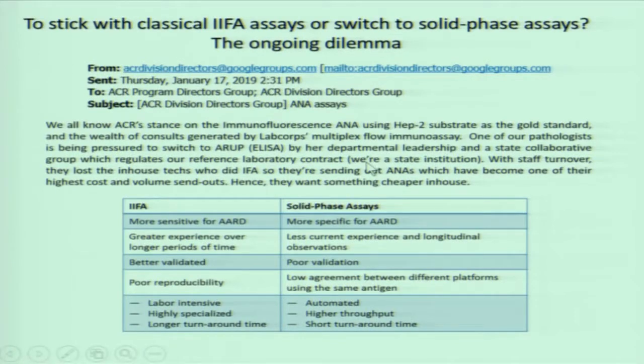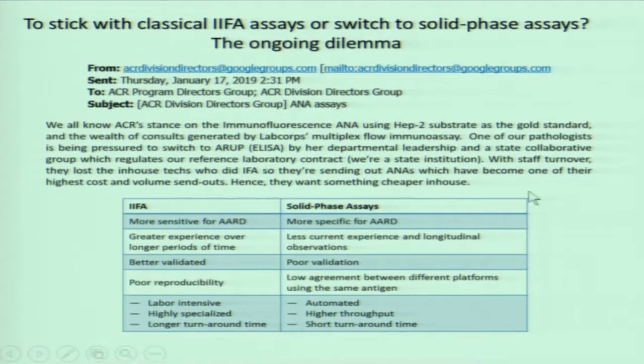So we rheumatologists are really attached to our immunofluorescence ANA, and we want to keep it. They are actually behind the curve because this has happened already everywhere. So again, I told you already what the advantages and disadvantages are in terms of sensitivity and specificity, and also obviously there are practical issues. The immunofluorescence is labor intensive, highly specialized, has a long turnaround time, and lacks inter-observer consistency.